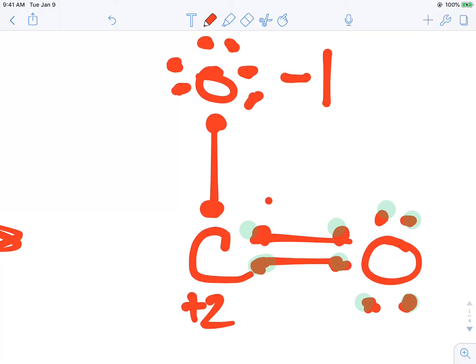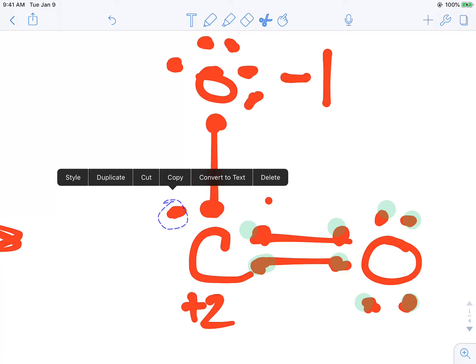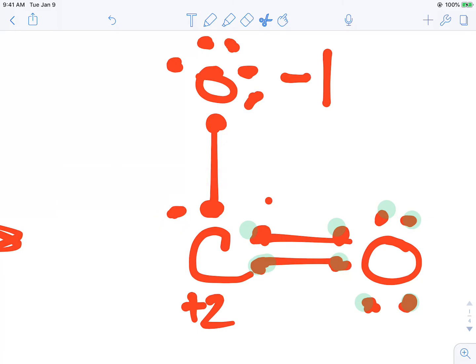So what we're going to do is, oxygen being more electronegative and having an even number of electrons has the ability to donate 2 electrons to itself and carbon.